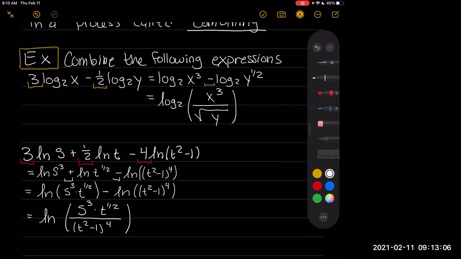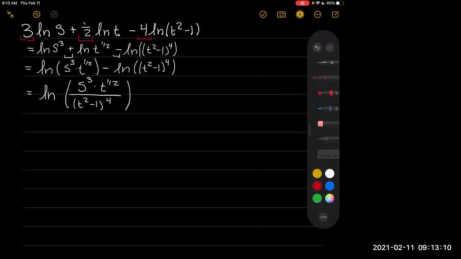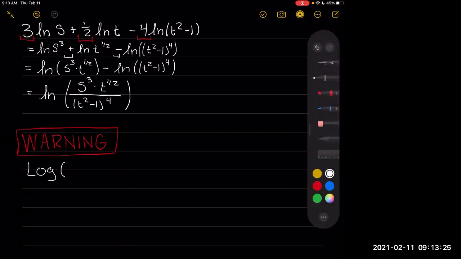Okay, and now this next thing is a warning, because there's a simple mistake that often gets made with logarithms. Log of x plus y does not equal log a of x plus log a of y.